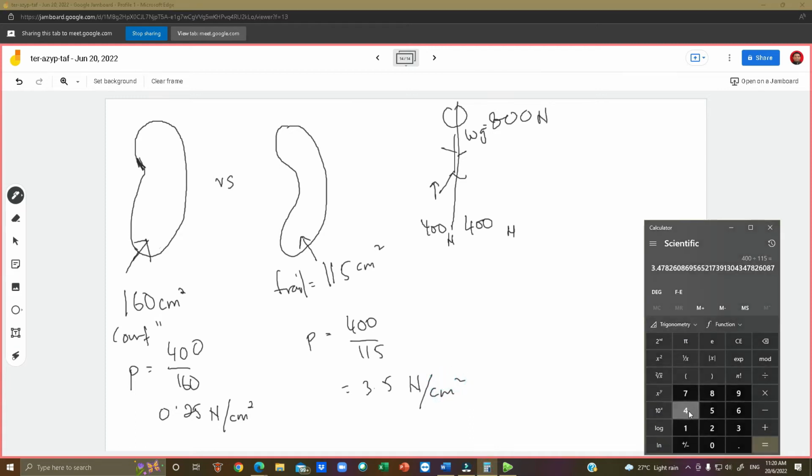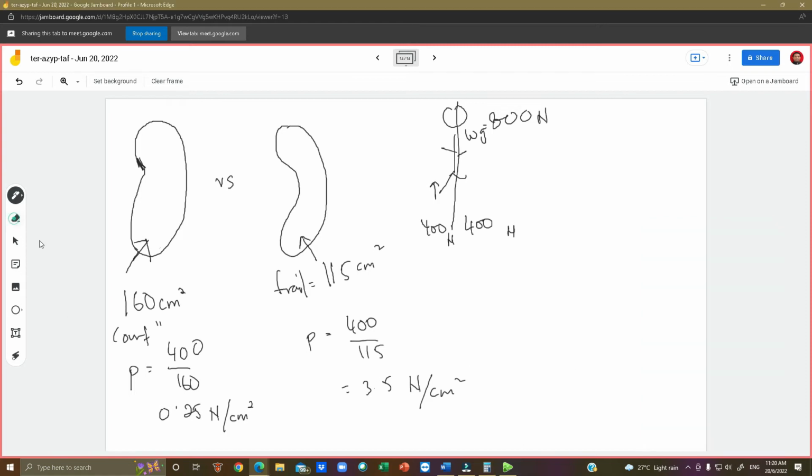Sekejap rasa macam tertinggal nombor ni. 160. Kan betul. Saya tertinggal 1 kosong. 2.5. Okay. So if you are wearing court shoe, it inflicted only 2.5 Newton per centimeter square of the area. But if you wear trail shoe, it will inflicted a Newton centimeter more.